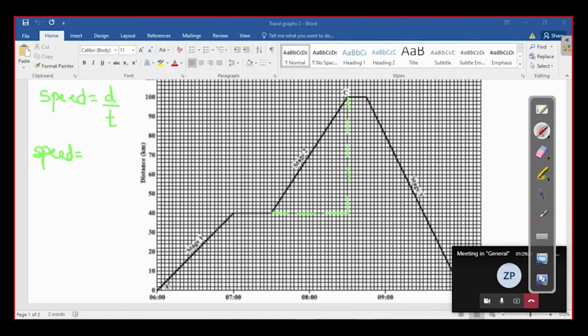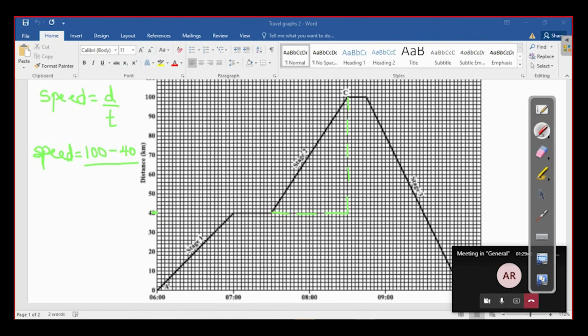Lovely. 100 minus 40. Okay, so that's where you will get your distance from. The journey ended off at town C at 100 kilometers, and it started off from this first rest point at 40 kilometers. So that's how we calculate that distance, like this.